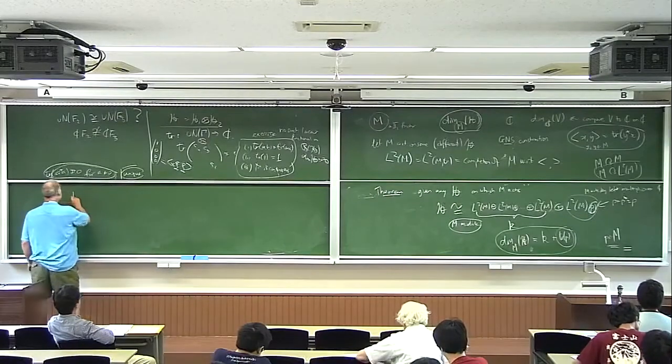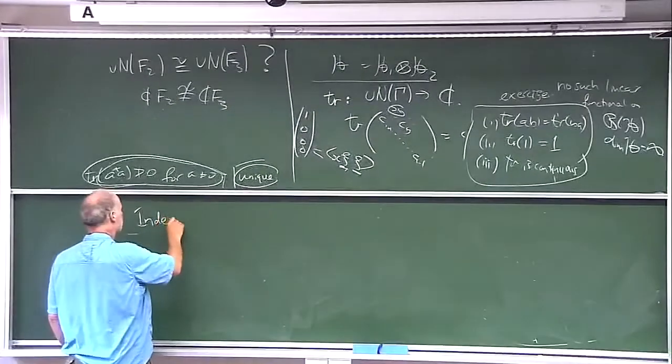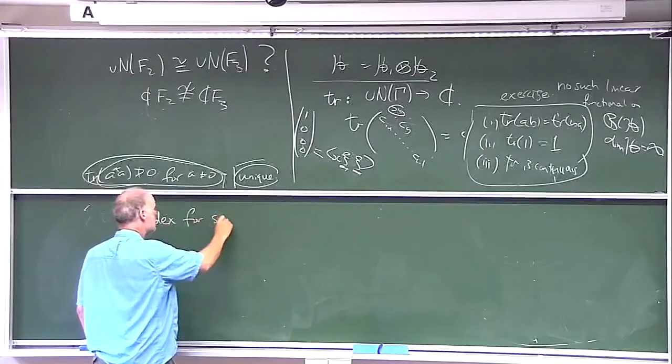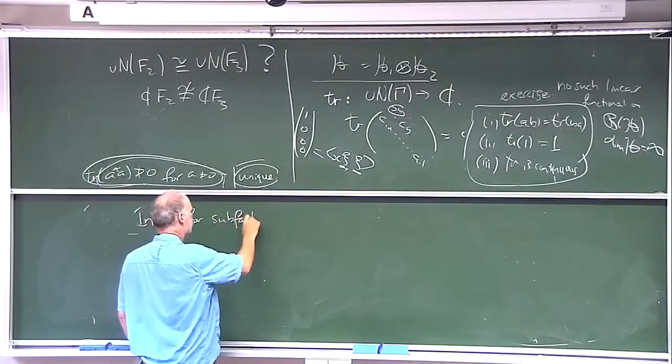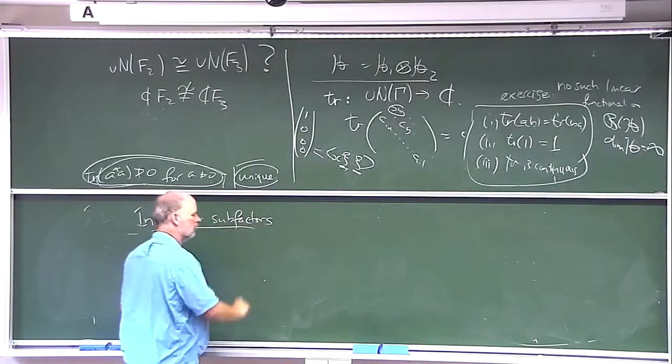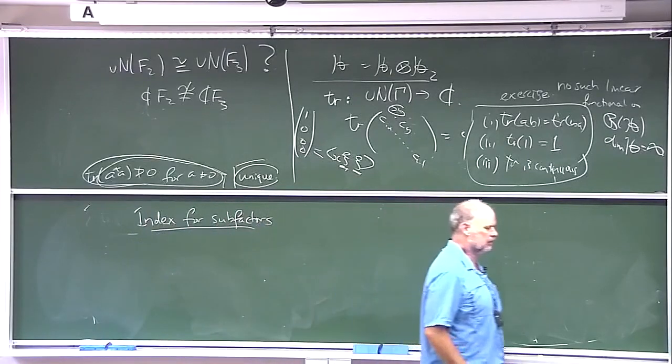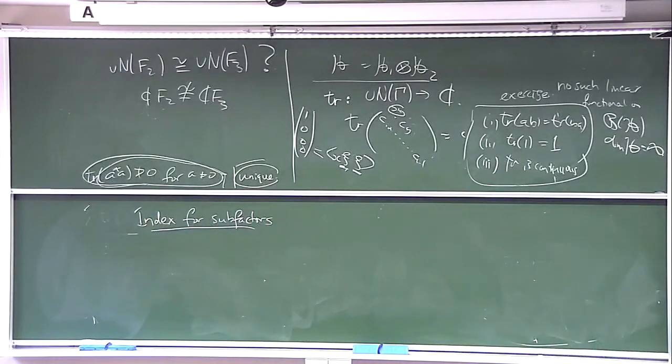the first main topic of the course, I guess, which is index of subfactors. Up until now, we've done a fairly light introduction to the theory of von Neumann algebras. We haven't seen anything other than II-1 factors, but that'll slowly come.